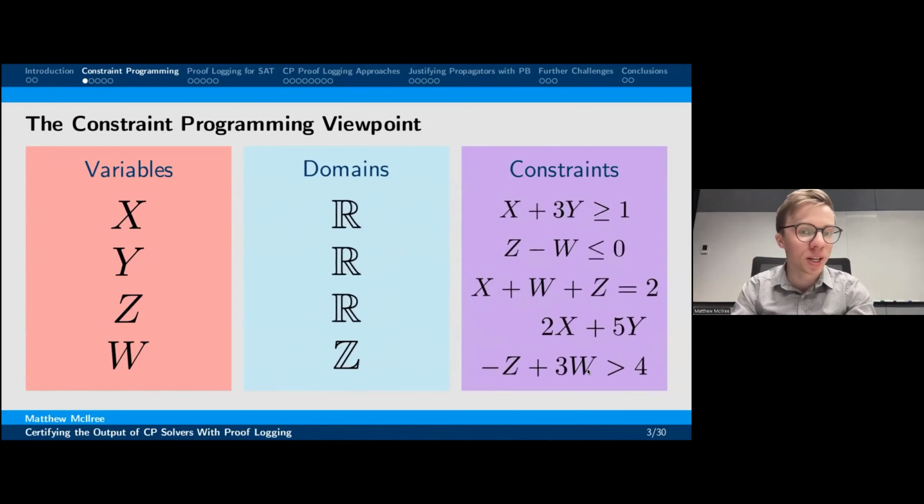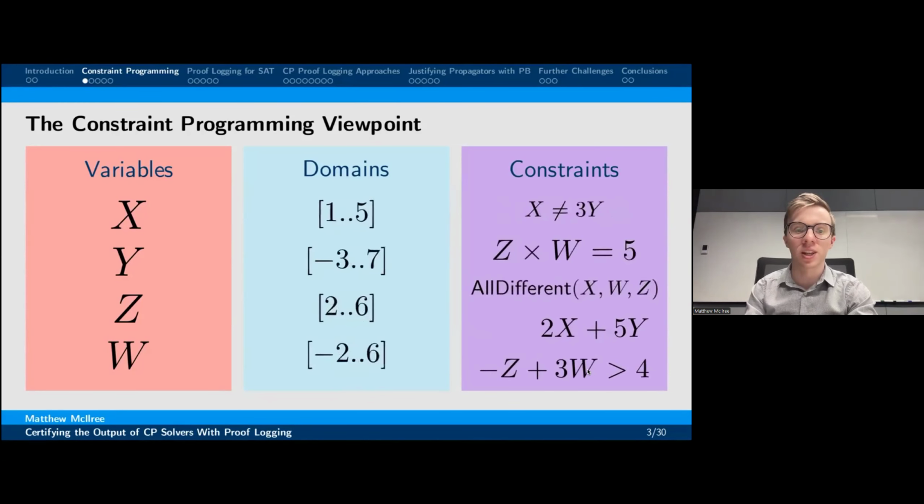If you allow the domains to be non-finite, you can also view mixed integer programming as a kind of constraint programming as well. Although in practice, when we talk about CP as opposed to just the general constraint satisfaction domain, we're really talking more specifically about finite domain variables. And we normally assume that these are integer finite domains.